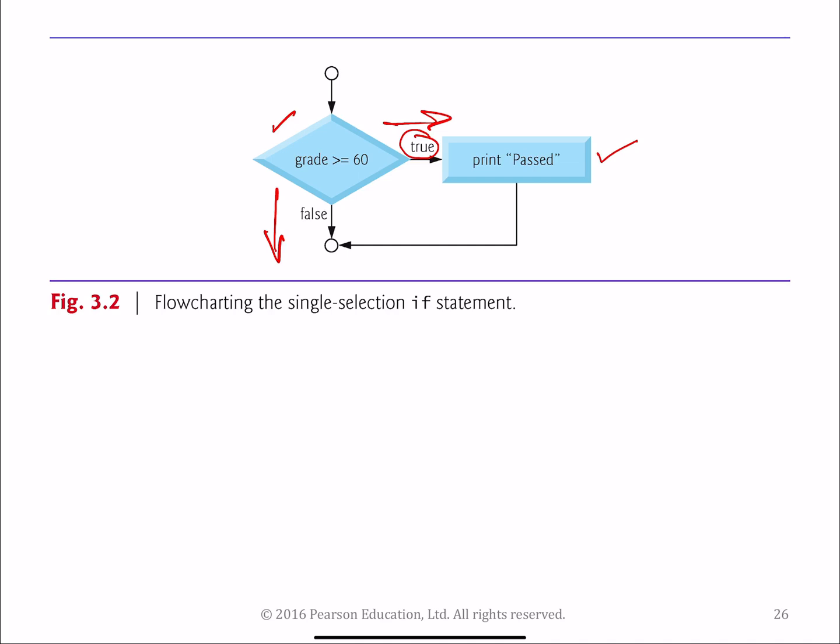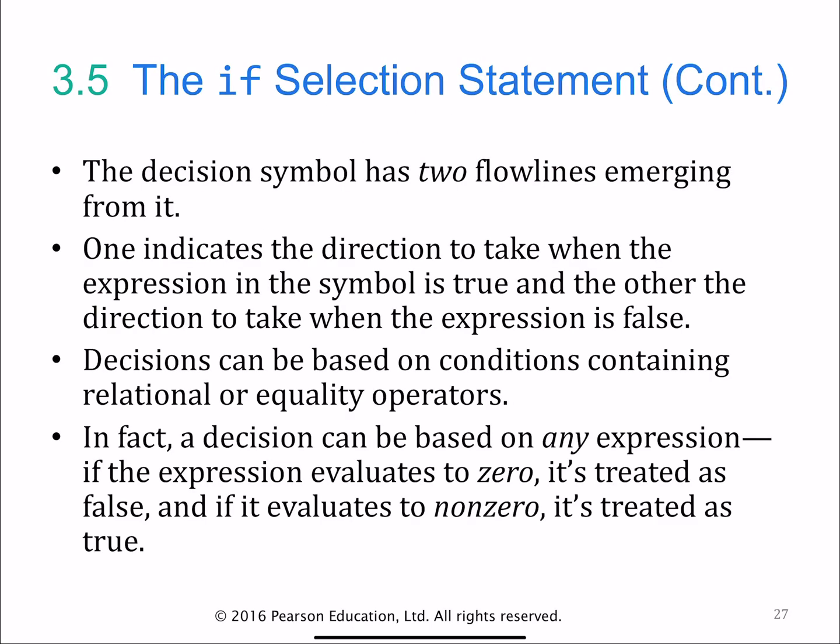If it turns out to be false, that block of statements is skipped, and you end up at the same point in the program as you would have if this condition was true and you had executed all the blocks in the if statement.